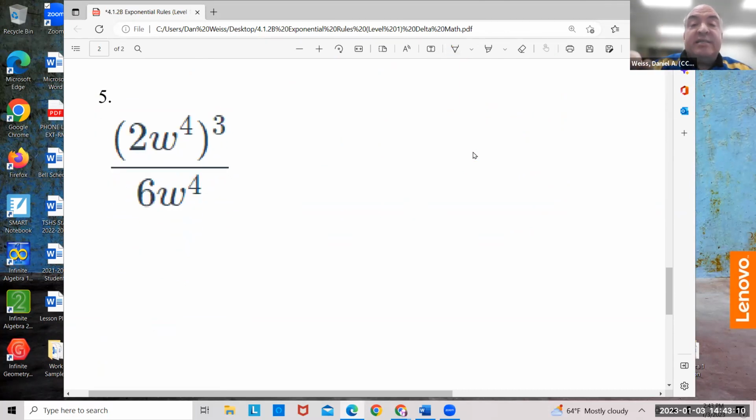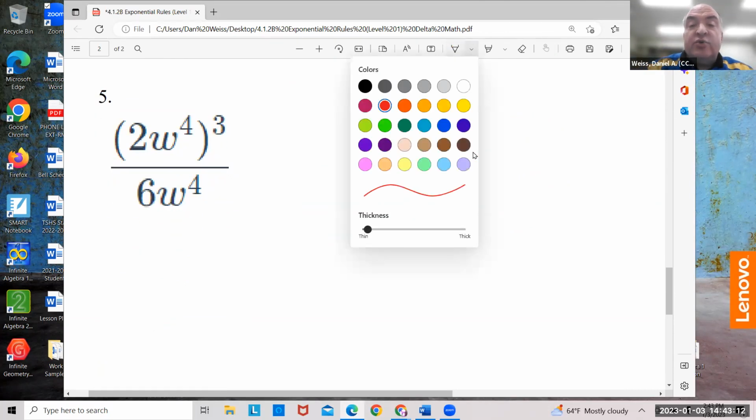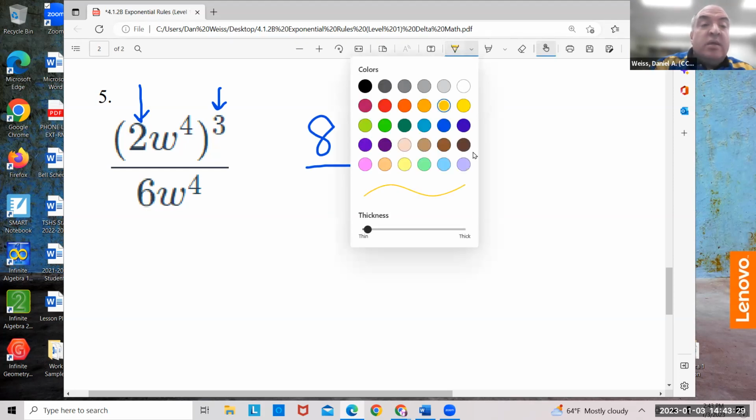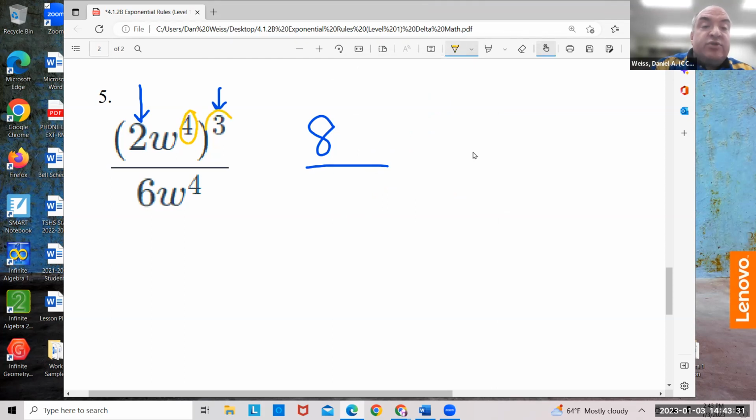How about here? This time, note that this 2 here is inside the parentheses. So I'm going to do 2 to the 3rd. What's 2 to the 3rd? 2 times 2 times 2 is 8. And now I'm going to do 4 times 3, W to the 4th to the 3rd would be W to the 12th.